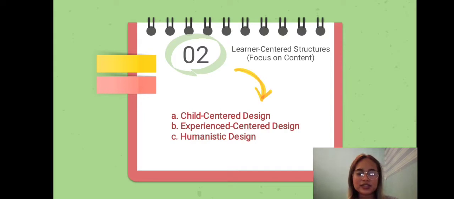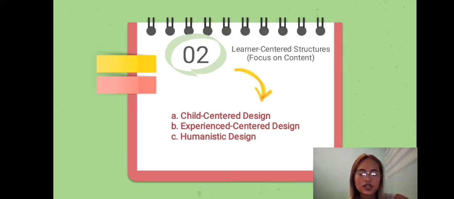For child-centered design, the curriculum is based on the needs of the individual learner. For example, curriculum is planned from scratch based on needs of learners, use of diagnostic exam to drive curriculum development. For the experience-centered design, the curriculum is based on providing a set of planned learning experiences.